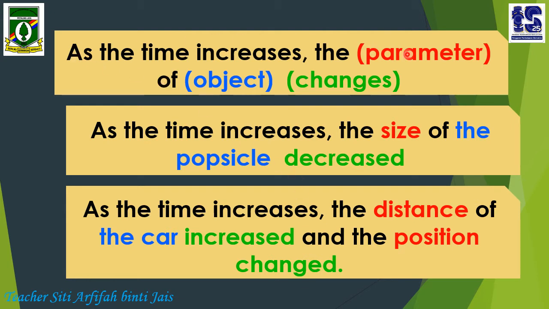First, you must identify the parameter, the object, and the changes. Look at the color. Red color is representing the parameter, while the blue color is representing the object. Lastly, green color is representing the changes.